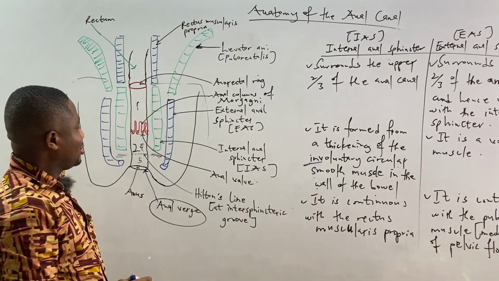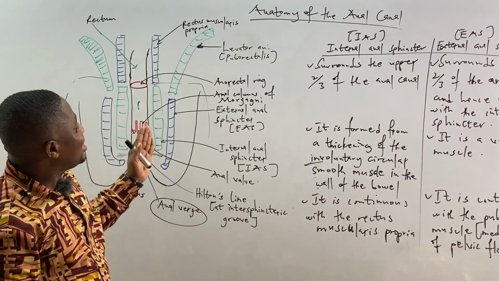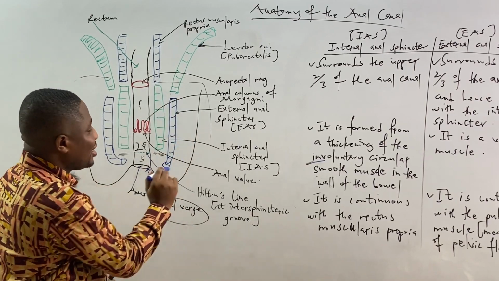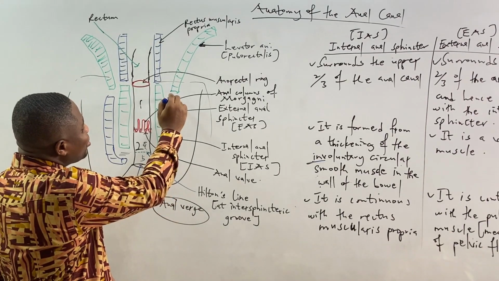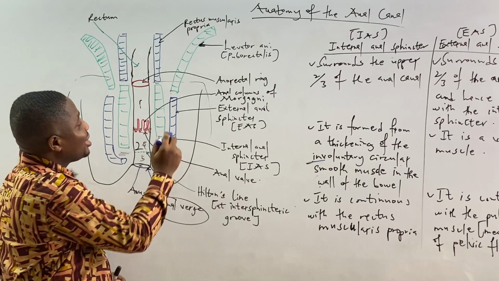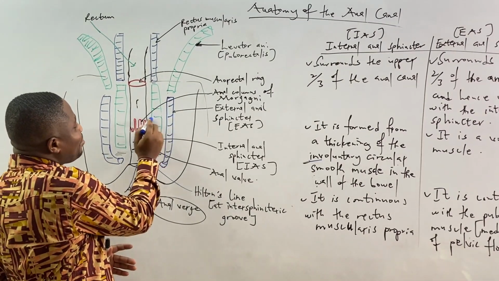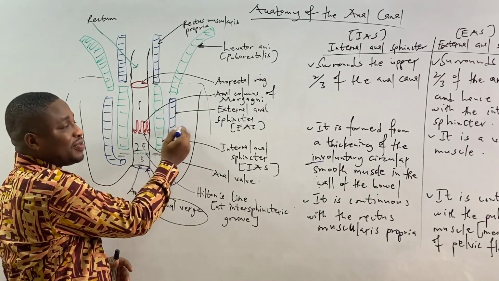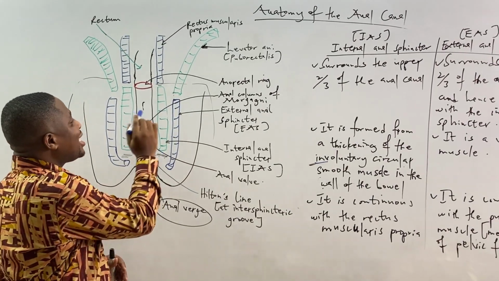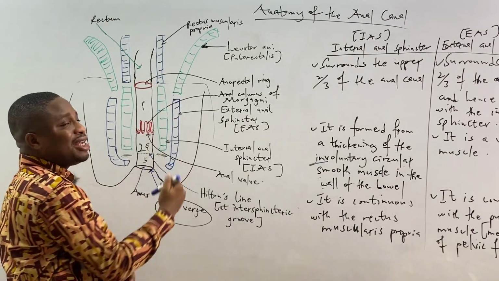And again, if you look at the external anal sphincter, you realize that it surrounds the lower two-thirds of the anal canal, hence overlapping with the internal anal sphincter. So if you watch very carefully, you realize that the anal sphincters are not at the same level.